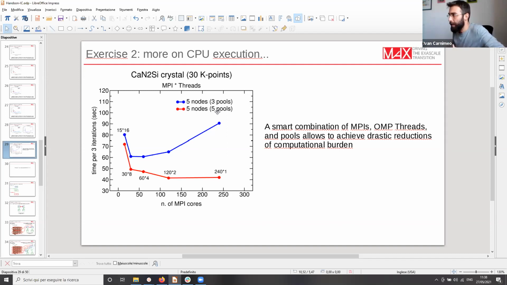Nodes do not need to communicate with each other because I will never have pools split among different nodes. And you can see that using this configuration, the calculations go much faster.